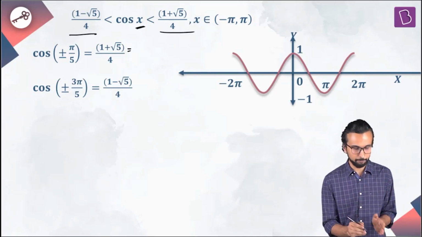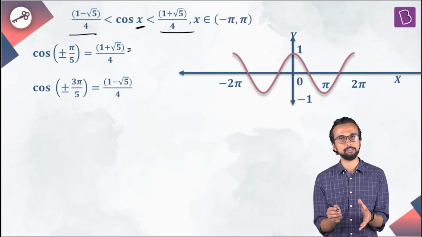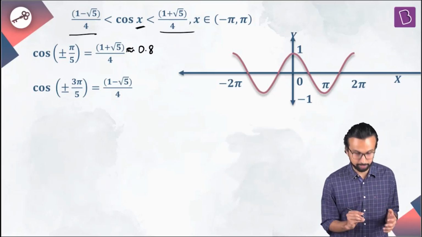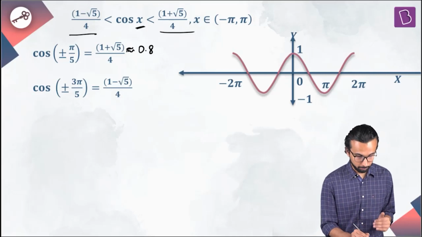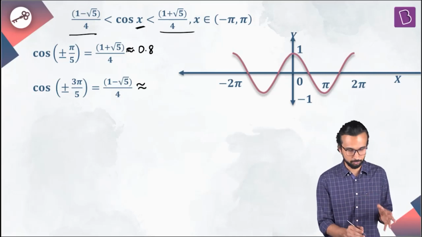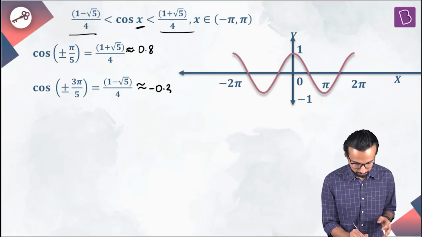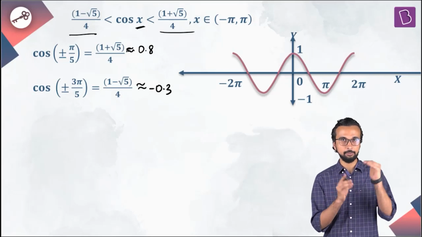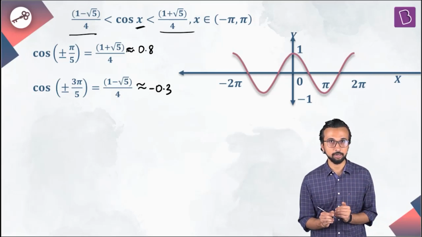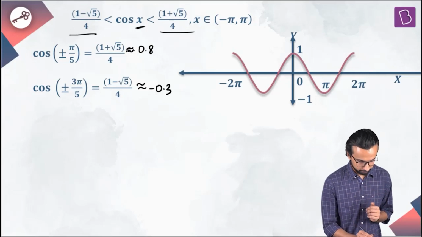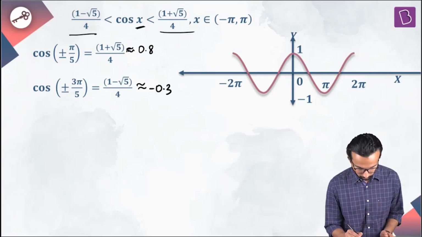So (1 plus 2.2)/4 is 3.2/4, roughly 0.8. The lower part, (1 minus 2.2)/4, is minus 1.2/4, so roughly minus 0.3. These are the two lines I'll be drawing between which I'll be looking for the values of x required.